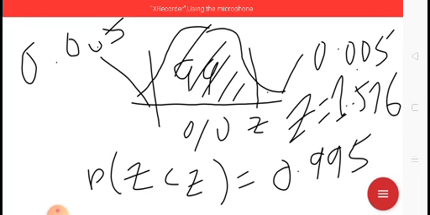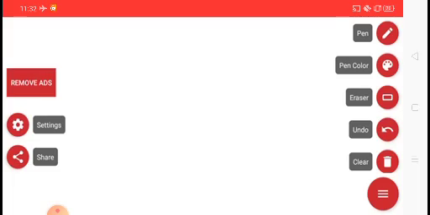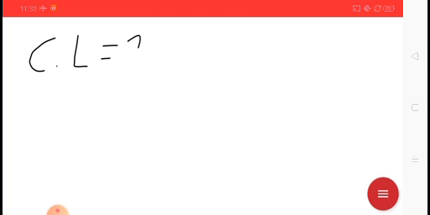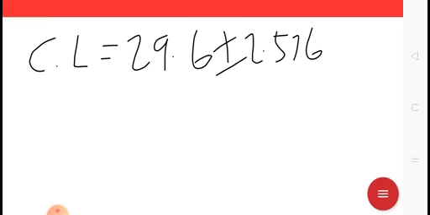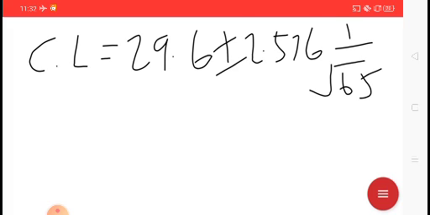Try to find it from the critical value table, the below one. Okay, 2.576. Once you have 2.576, you can calculate the confidence limit first. The confidence limit is equal to 29.6 plus minus the Z, 2.576, which we just found, and sigma that is given is 1 over the square root of the sample size 65.